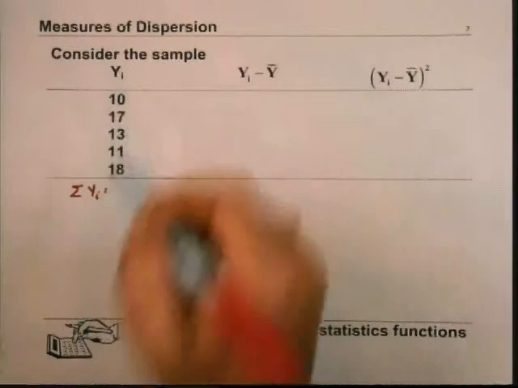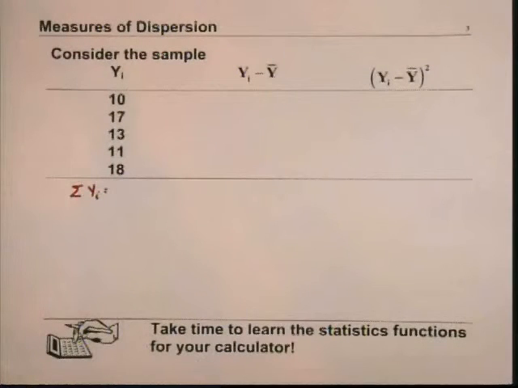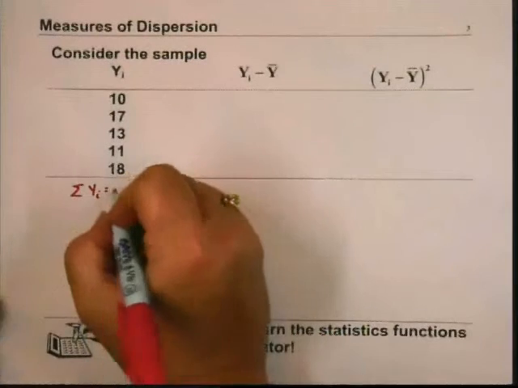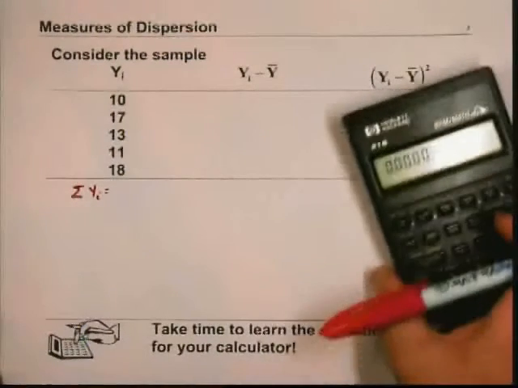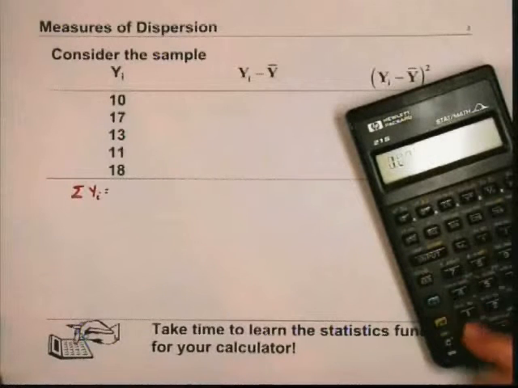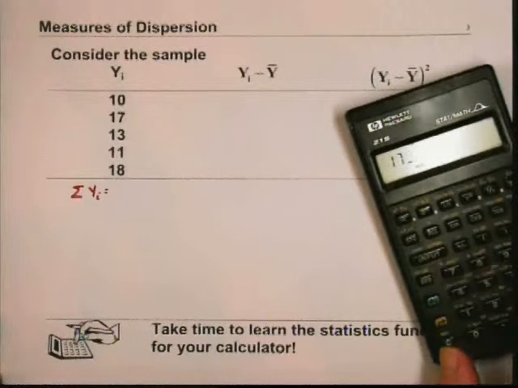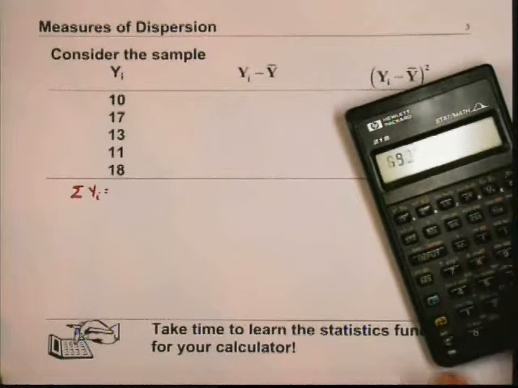So 10 plus 17 plus 13 plus 11 plus 18, if you add those up, I have 69.